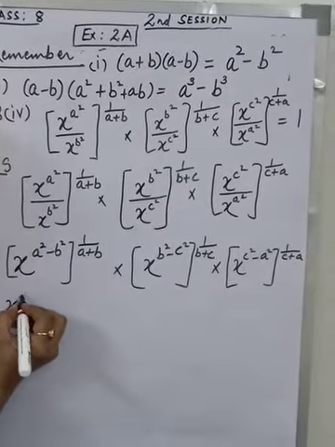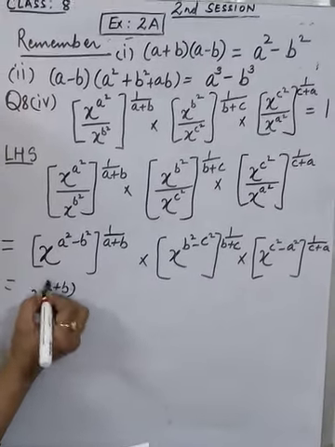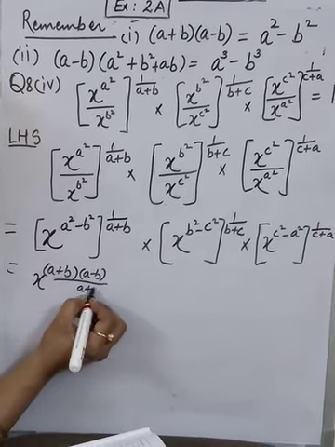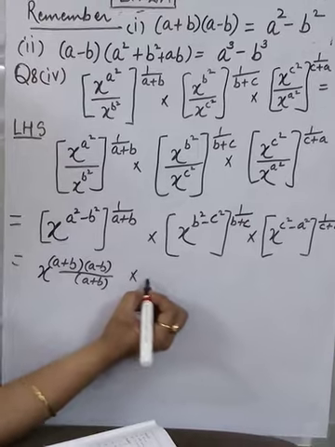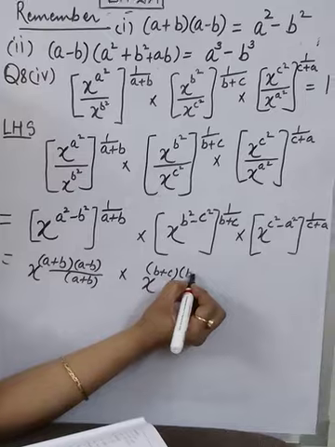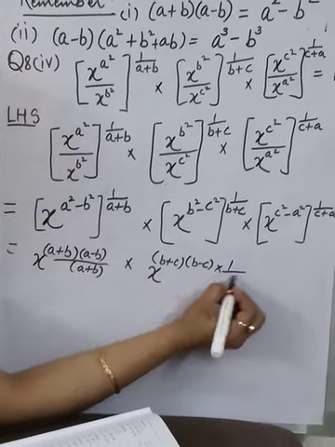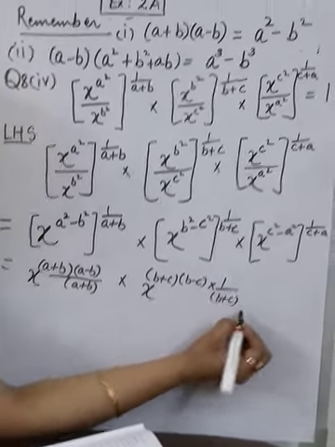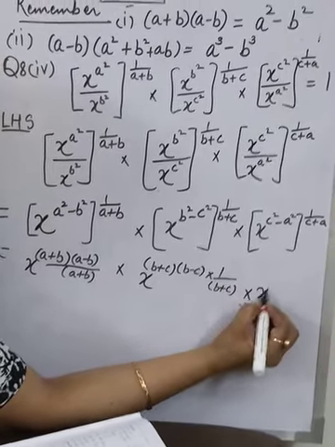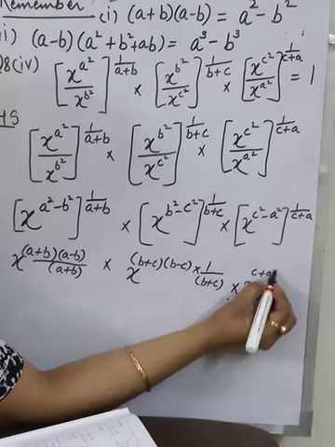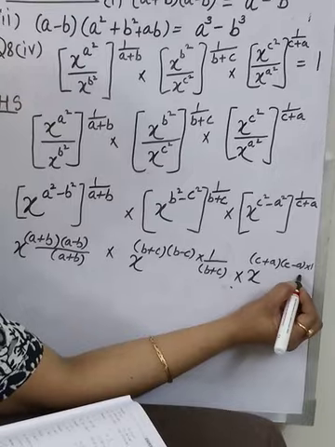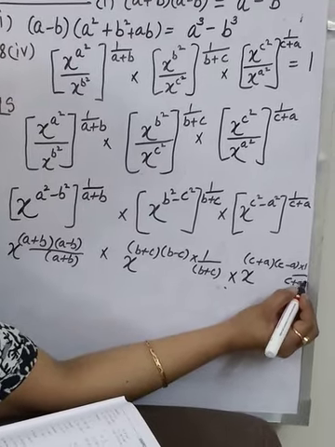So x to the power a plus b, a minus b, upon a plus b, x to the power b plus c, b minus c into 1 upon b plus c, x to the power c plus a, c minus a into 1 upon c plus a.